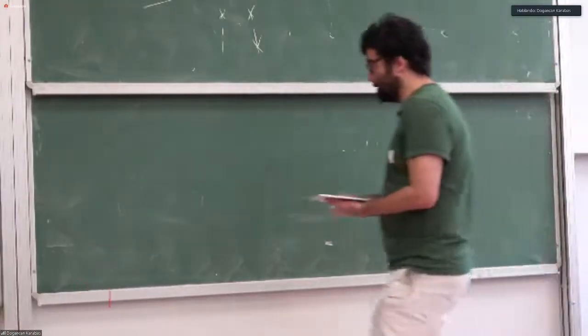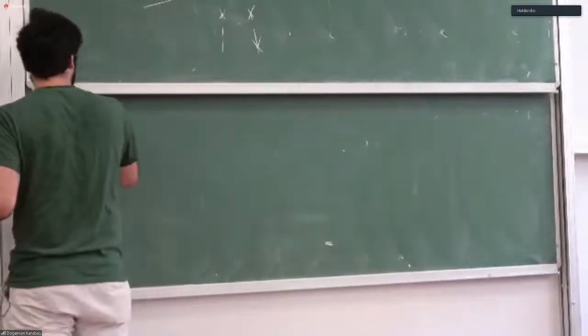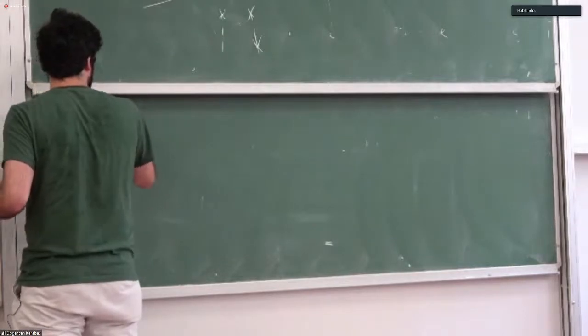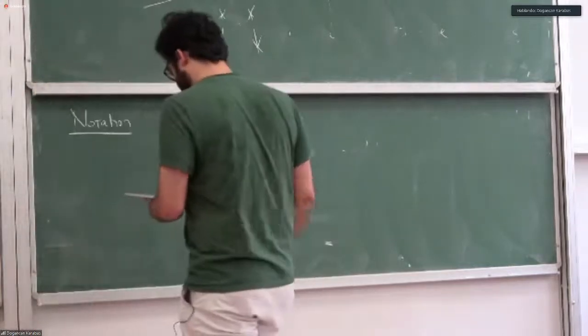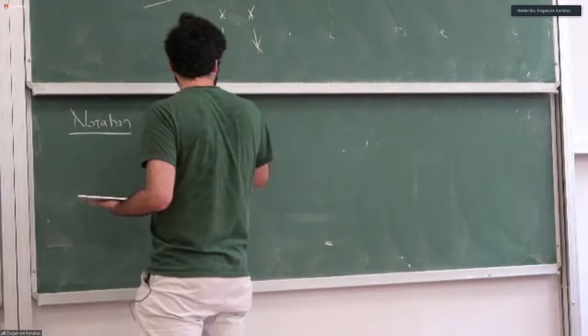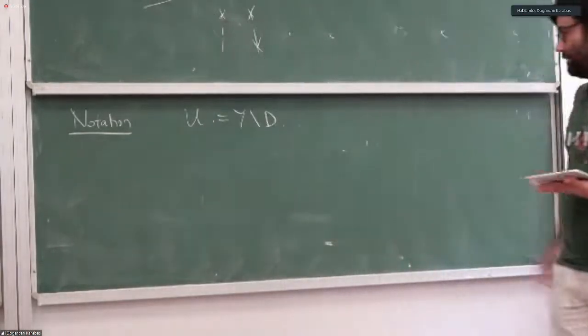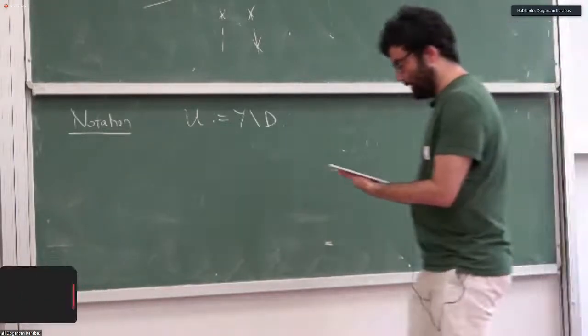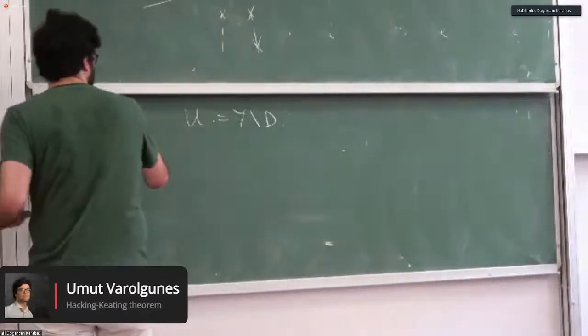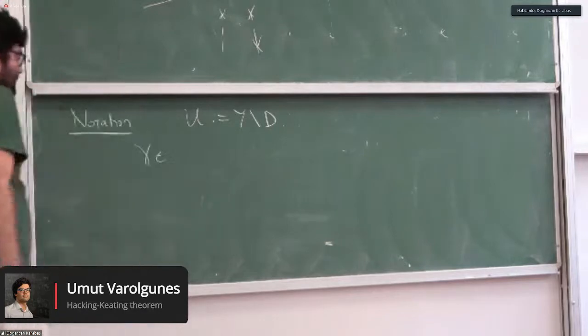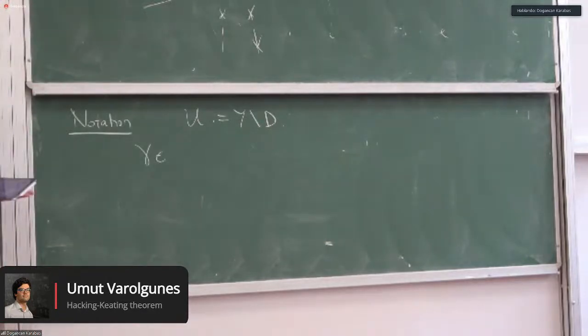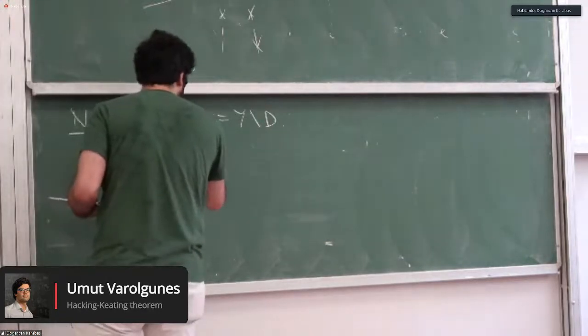Okay, so let's introduce some notation. Let's call U this complement. I had referred to this class of the fiber of an SYZ fibration, so let me now define that carefully.